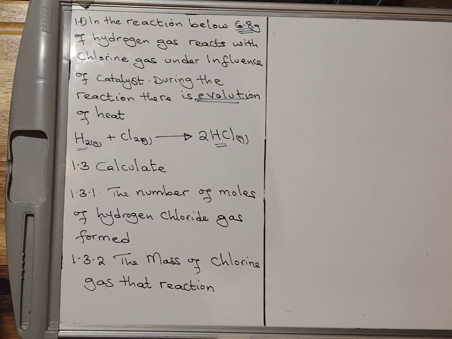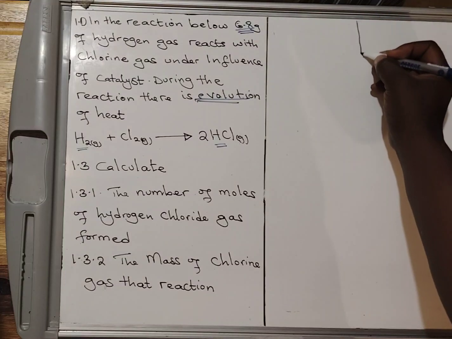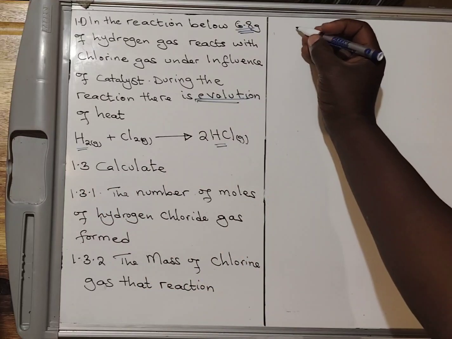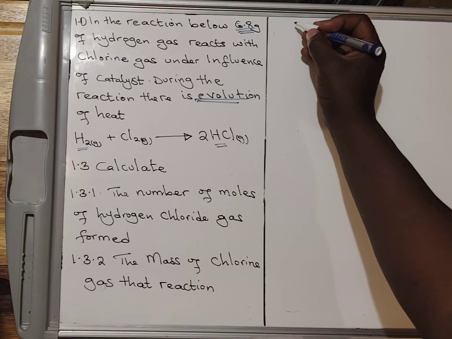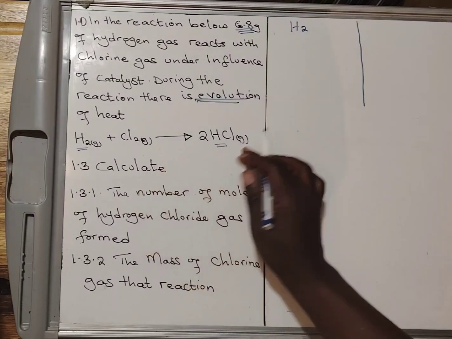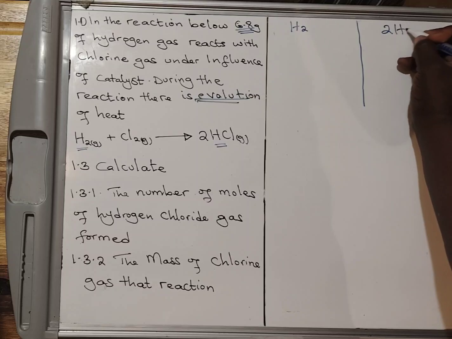So those are the parts of the equation we are going to use. So in our method, we are going to divide this space into two. This side, we are going to have our hydrogen. And this side, we are going to have our hydrogen chloride.